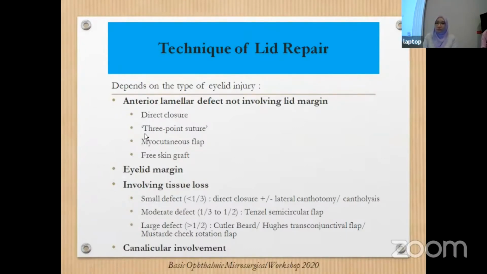I go one by one after this, okay? And then we will talk about eyelid margin involvement, and then eyelid injury with tissue loss, which depends on the size, and also the canalicular involvement. These 4 things I will highlight during this presentation.